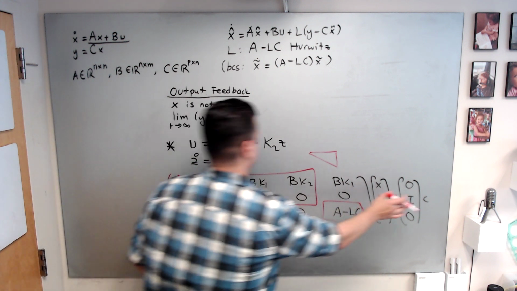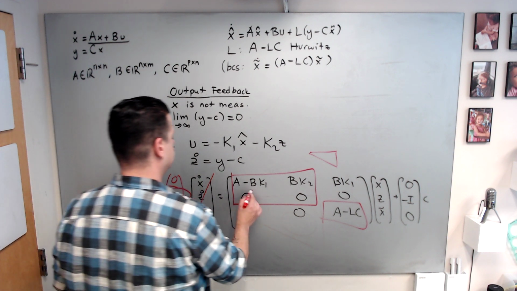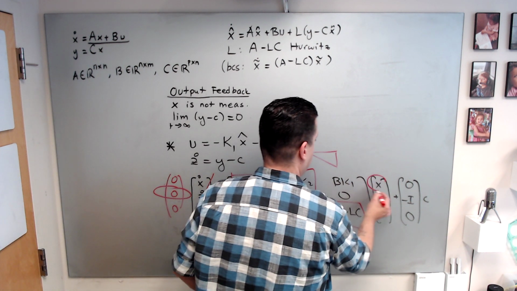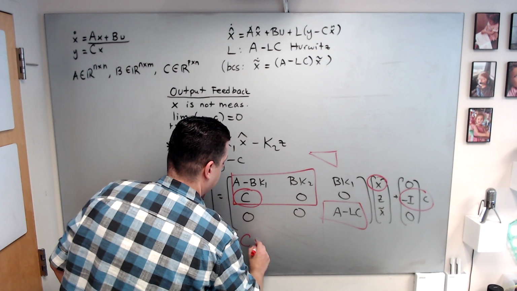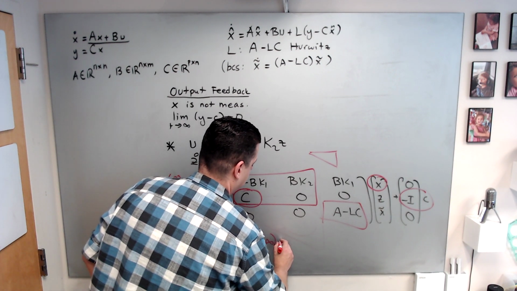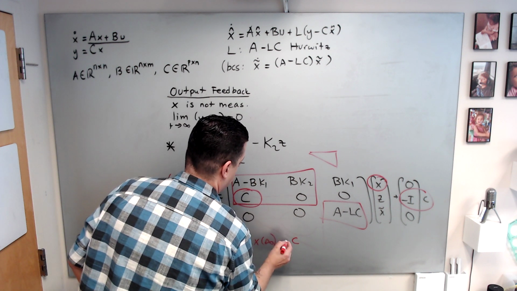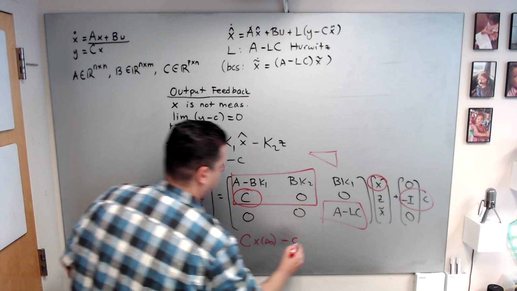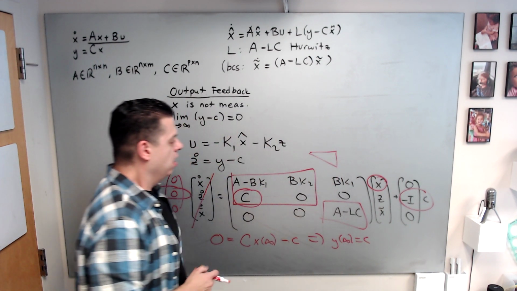This is Hurwitz, this is constant. Now I am going to look at the second line. Second line is C multiplied by X minus this. So basically C X infinity minus C equals 0. From here we have Y infinity is C.